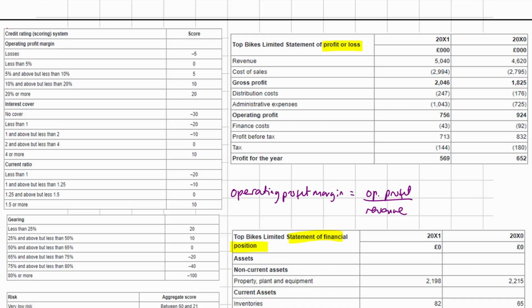The operating profit margin is our operating profit divided by our revenue. In this case, we've got an operating profit of 756 and we divide by 5,040, and that gives us 15%.